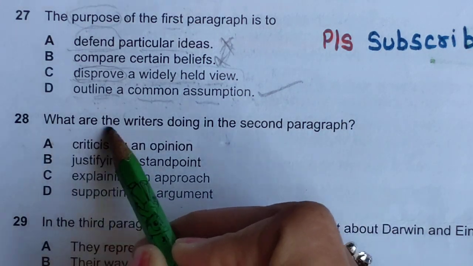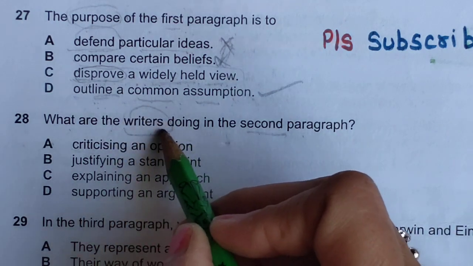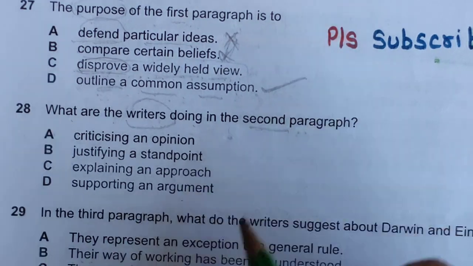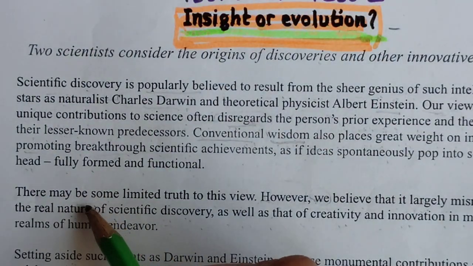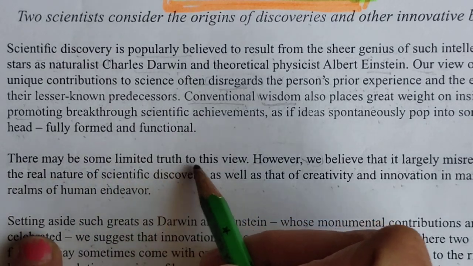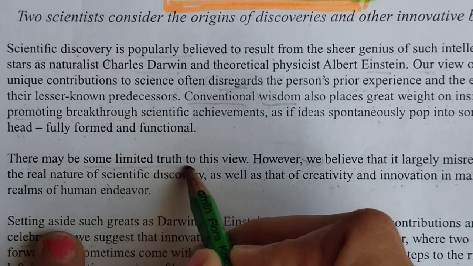Now 28, what are the writers doing in the second paragraph? Writers means not one writer, two or more writers doing in the second paragraph. This is just a small paragraph. There may be some limited truth to this view. So whatever this view is, some limited truth to this view.